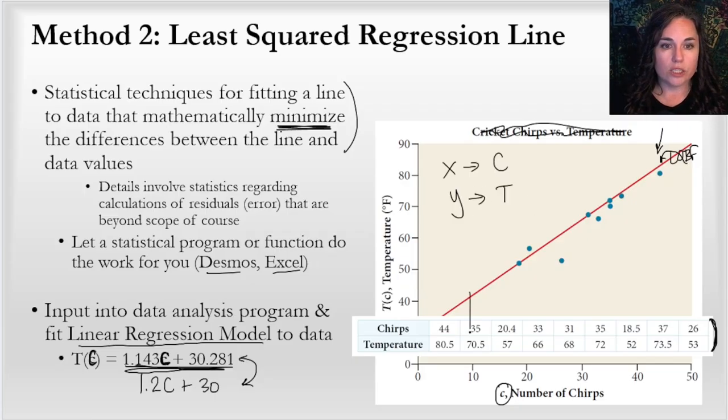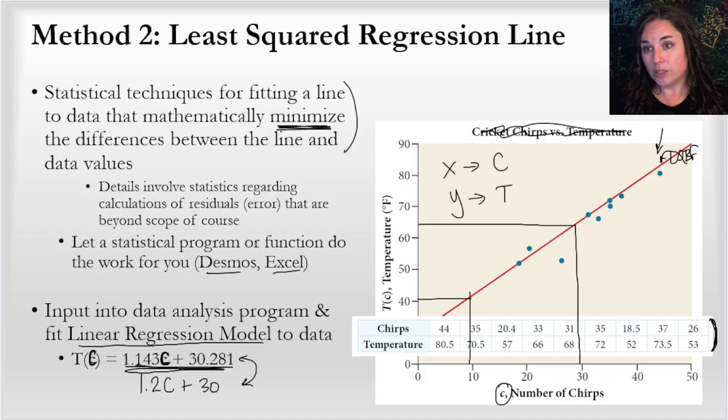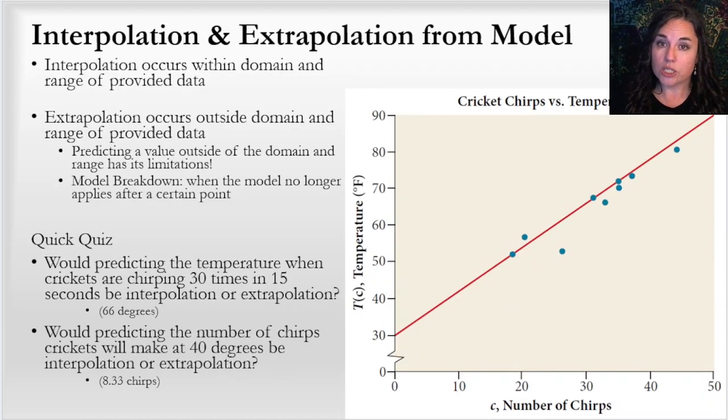We can predict, if I hear 10 chirps, what's the temperature? I could predict if I hear 30 chirps, what's the temperature, right? So we are going to have a quick discussion about the difference between interpolation and extrapolation from a model. We have our model, right? What is it? 1.143C plus 30.281 is the temperature as a function of chirps, right? And interpolation occurs within the domain and range of the provided data.